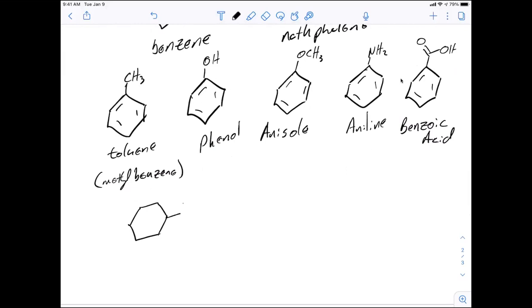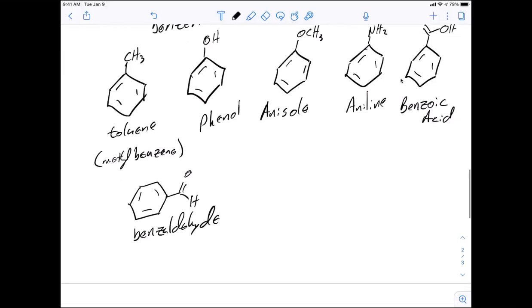Now I'm just turning them sideways, but they're the same attachments. This one is benzaldehyde. How many people like maraschino cherries? The red cherries that you put on sundaes, right? They have a unique flavor. It turns out that flavor is not cherry flavored.